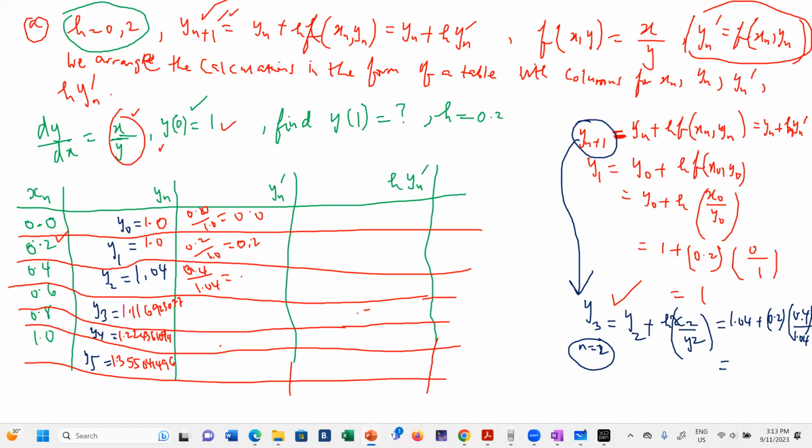So you have 0.3846, 15384. Okay, you divide again: 0.6 divided by y, 1.11.